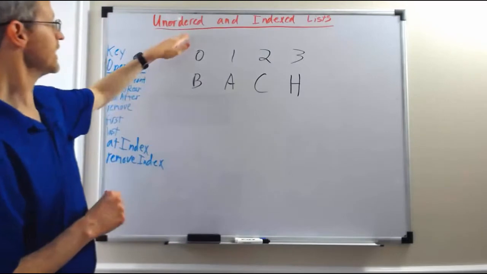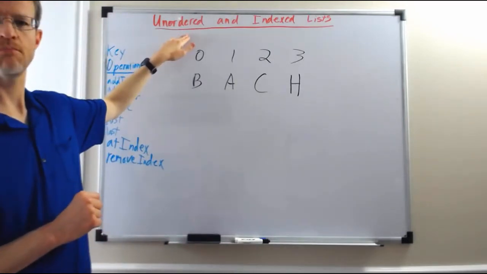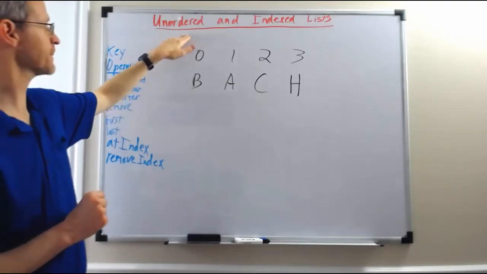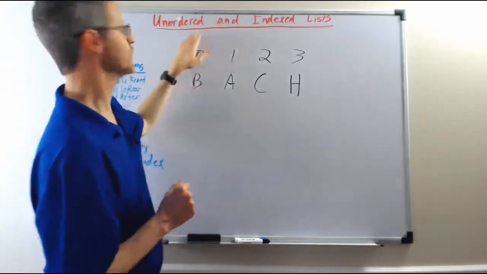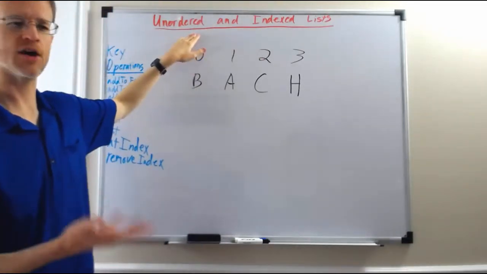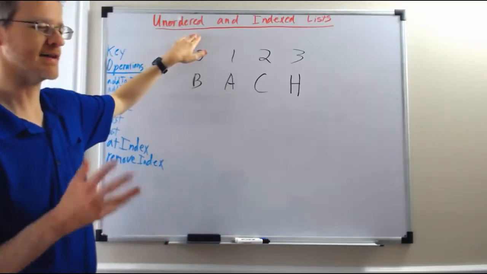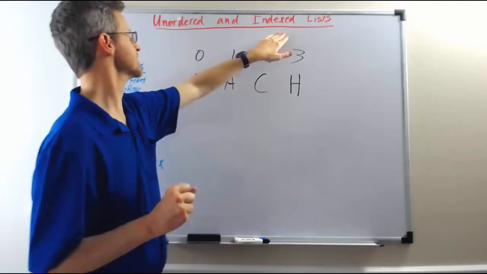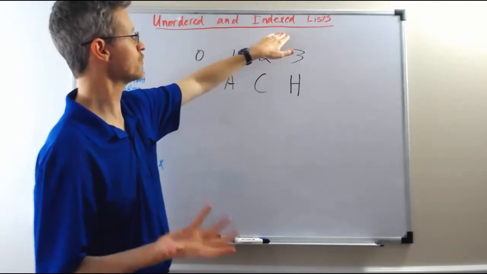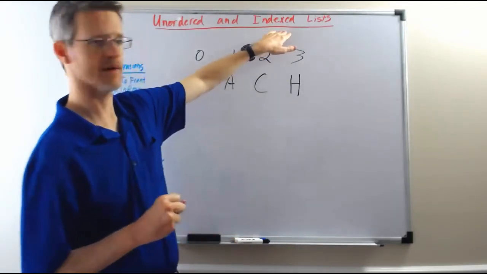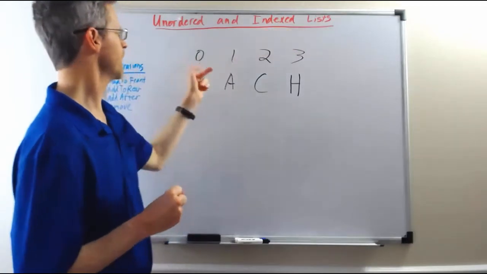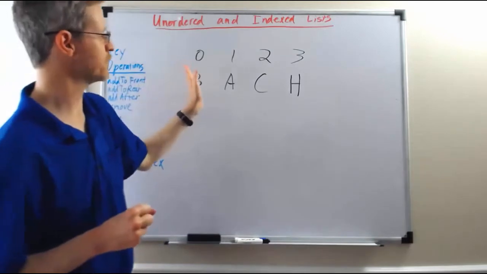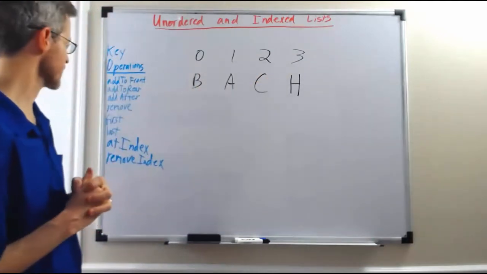So in unordered lists, elements are placed where we specify, as opposed to ordered lists where elements automatically go to the right place in comparison to other elements, for example, alphabetical order. An indexed list is just like an unordered list, except that elements have a specified index that is their position, so they're automatically numbered with an index number like they were in an array.